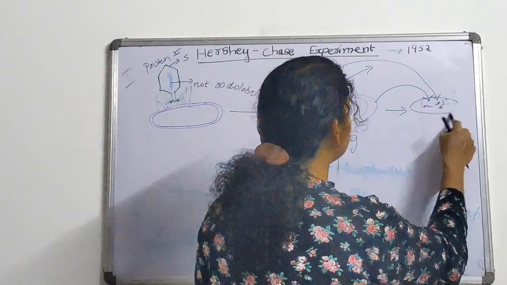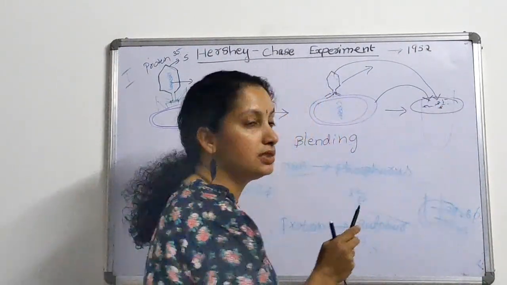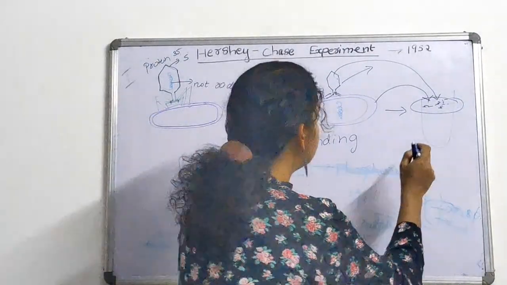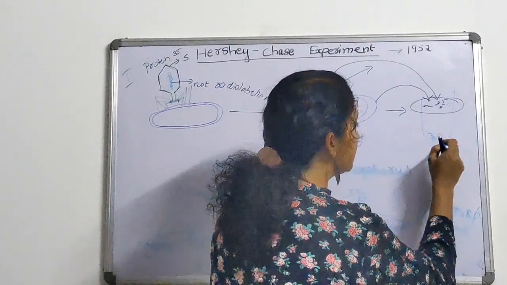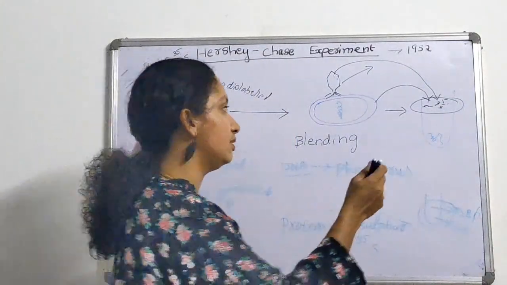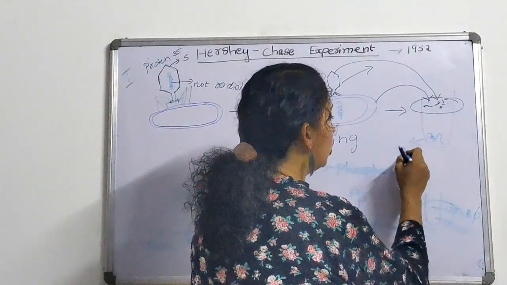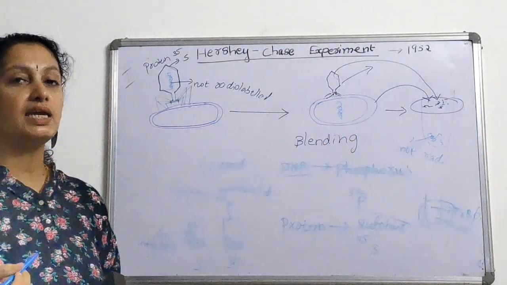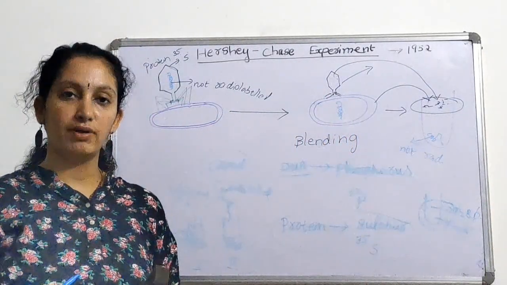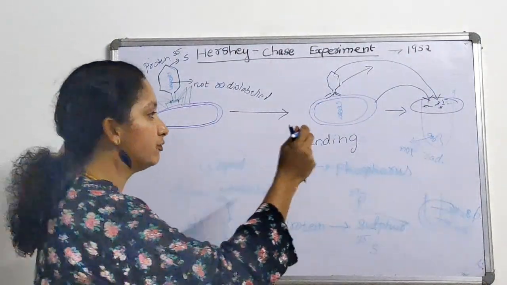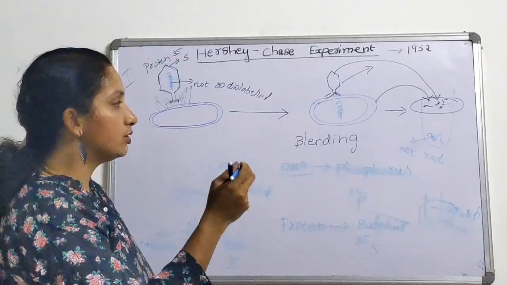So we can see the supernatant is radio labeled, and the genetic material, the DNA, is seen at the bottom because of its heavy weight, and it is not radio labeled because in the first case we provided only radio labeled sulfur 35. It is not a part of DNA, it is a part of protein. So from this we are going to prove it.